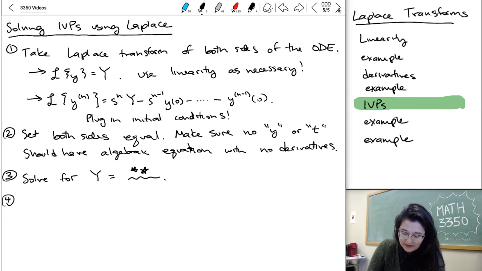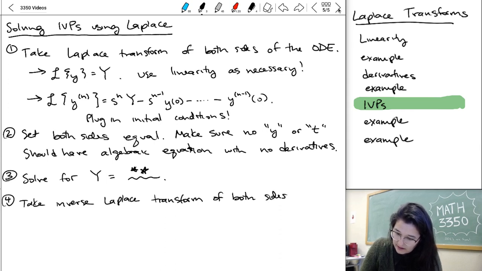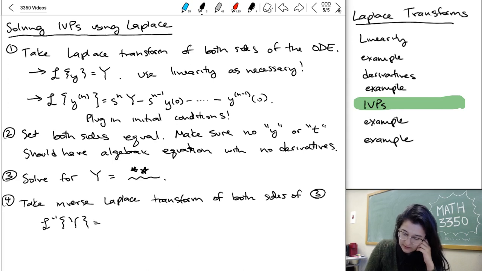And our last step is just to take the inverse Laplace transform, sort of undo everything that we introduced. And you're going to do this on both sides of that thing you found in step 3 that isolates Y. So you'll have L inverse of big Y is equal to L inverse of whatever that other stuff was.